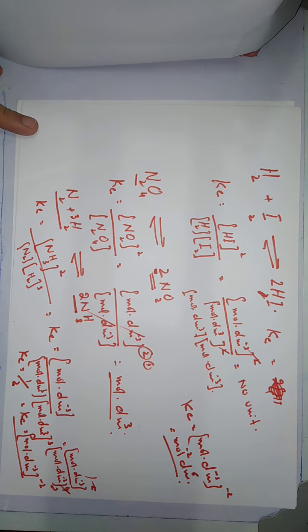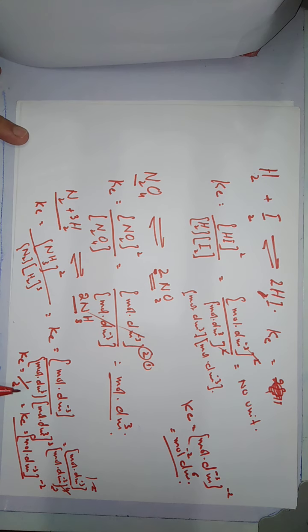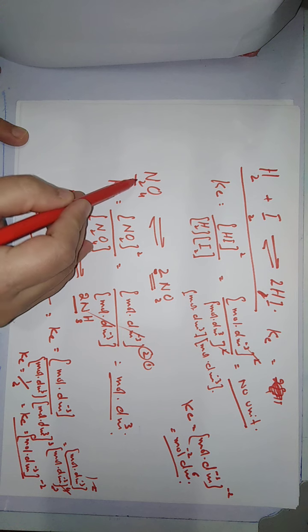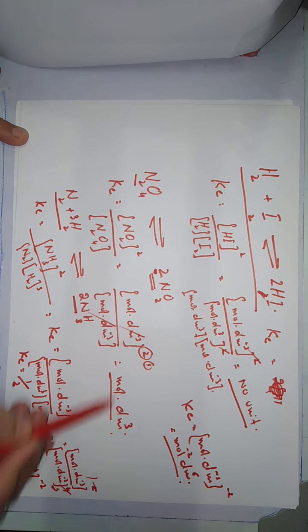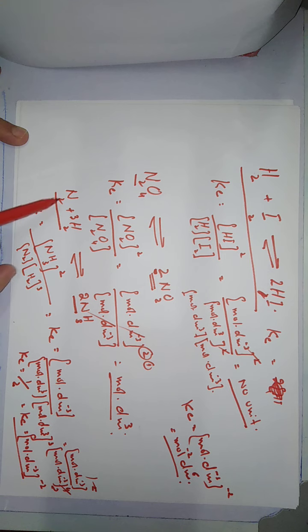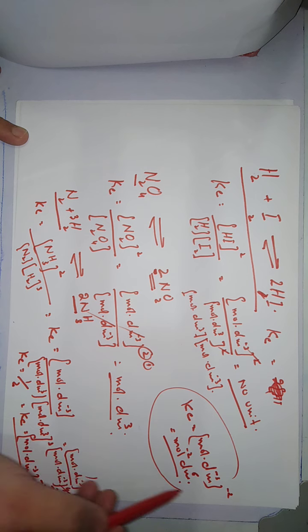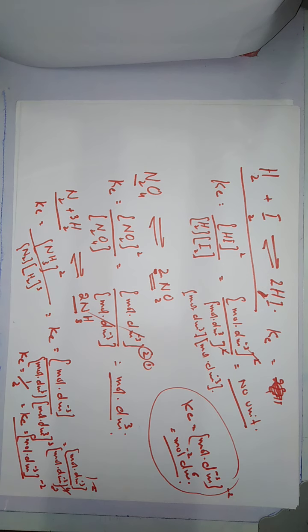So for the equilibrium constant, we have 3 cases. If the equation is balanced, then it has no unit. If the concentration of product is greater than the reactant, then it has a unit according to the chemical reaction. And if the concentration of reactant is greater than the concentration of product, again it has a unit according to the chemical reaction. We know that Kc is the ratio of the product over the concentration of a reactant, so it has no unit. However, it depends upon the activity of a reaction.